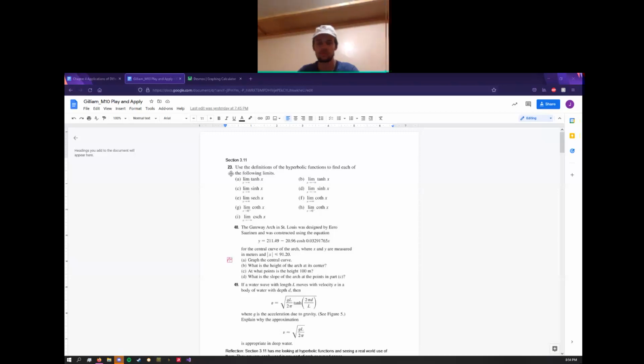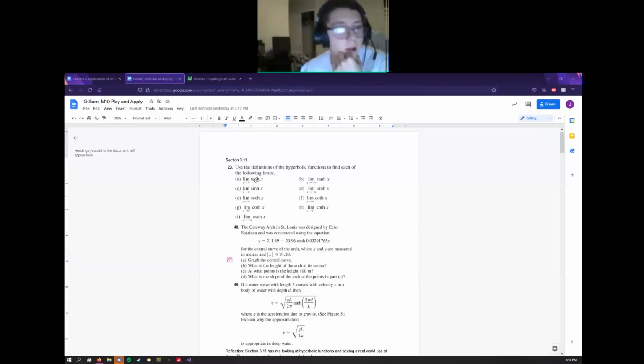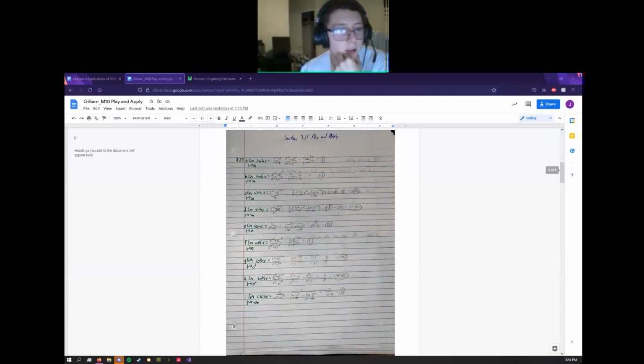Alright, so I did question 23, which is find each of the following limits of the hyperbolic functions. Here, I did the math for each. Basically, as we know, tan is always sine over cosine. Sine is e to the x minus e to the negative x over 2.